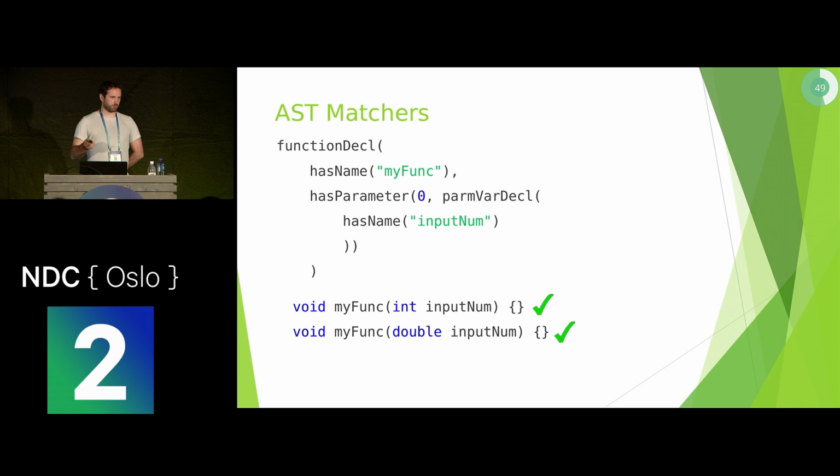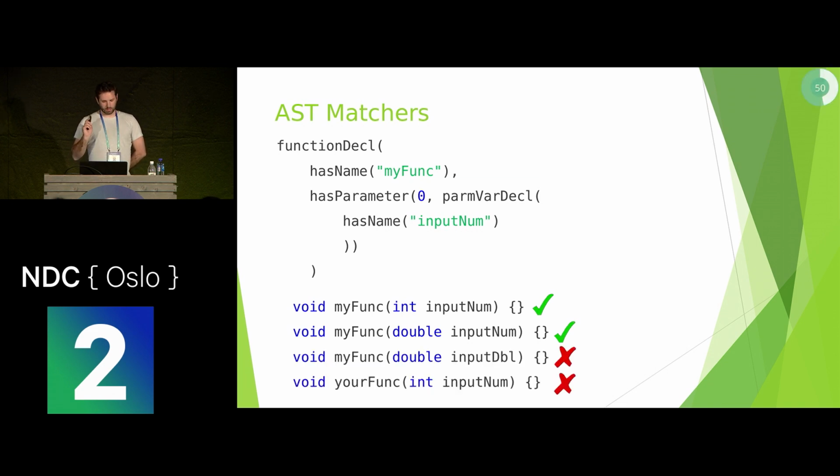This C++ code also, even though it takes a double instead of an int. However, these two won't match it. The double input double will not match because it has the wrong name, and the yourfunc has the wrong function name. So those will not be part of the result set, and they won't be something that your second step will actually change in the code.